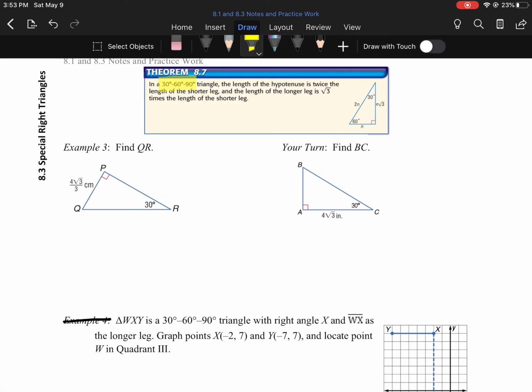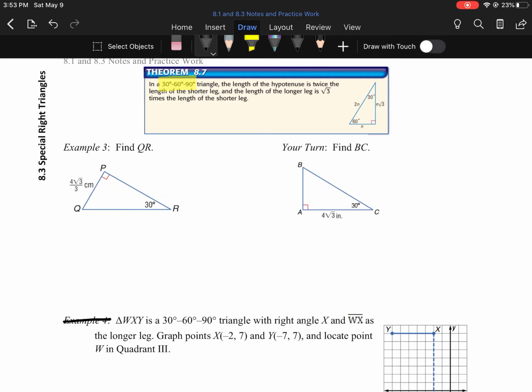It doesn't work if it's 29, 61, and 90. It says in a 30, 60, 90 triangle, the length of the hypotenuse is twice the length of the shorter leg, and the length of the longer leg is the square root of 3 times the length of the shorter leg.